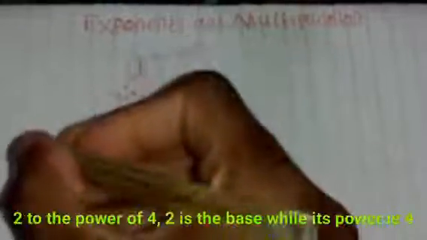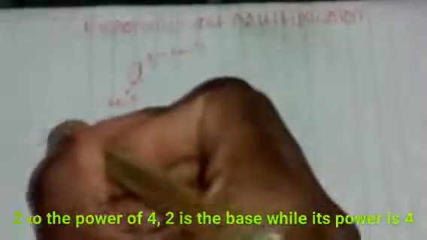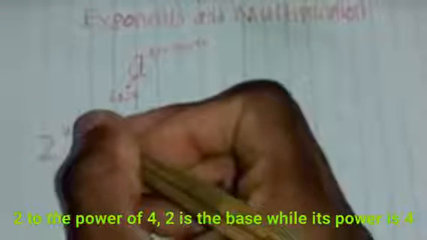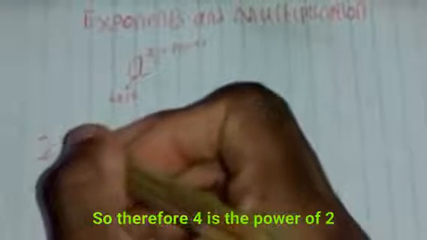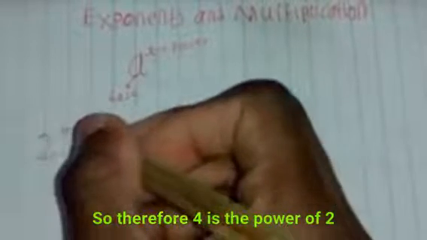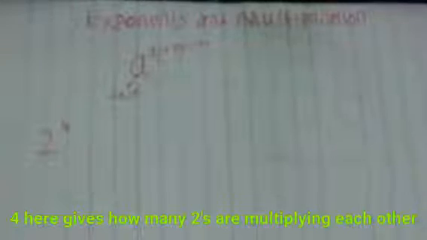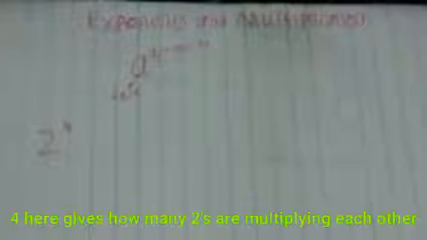Take 2 to the power of 4. 2 is the base, while its power is 4. So 4 is the power of 2. 4 here tells how many 2s are multiplying each other.